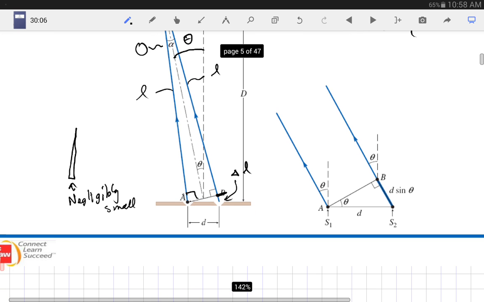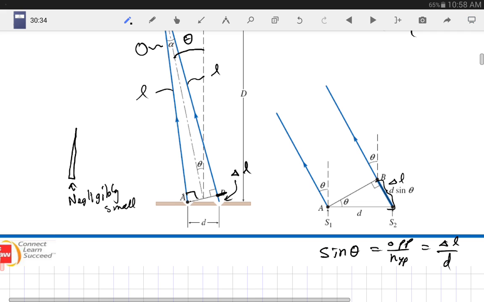So here, this portion has been expanded out. You see the right angle there. Since this is a right angle, this side is delta L right here. But using trigonometry, sine of this angle is equal to the opposite over the hypotenuse. But the opposite side is delta L, and the hypotenuse is d.